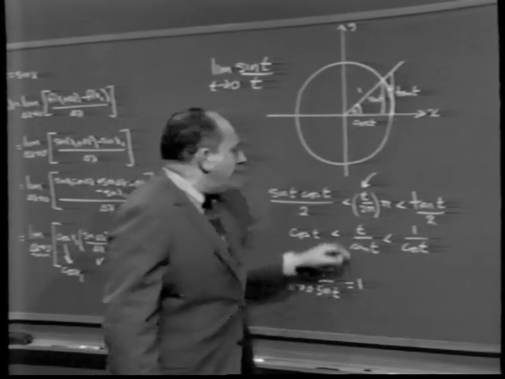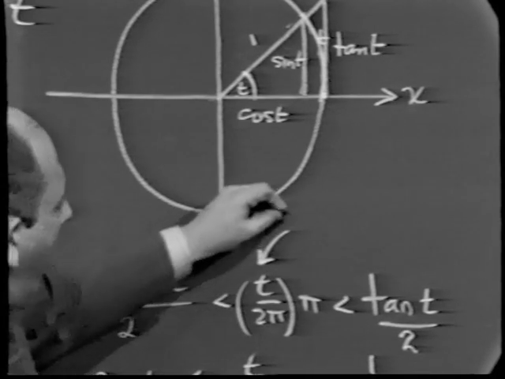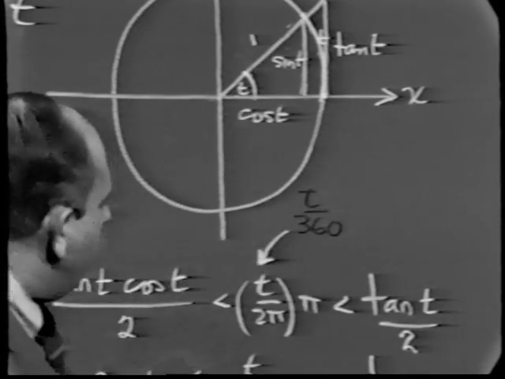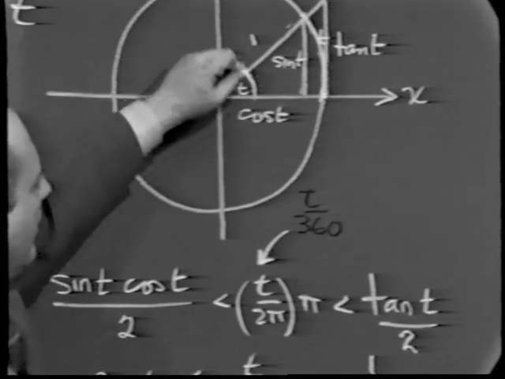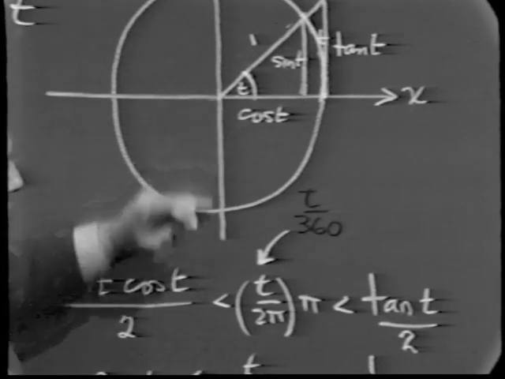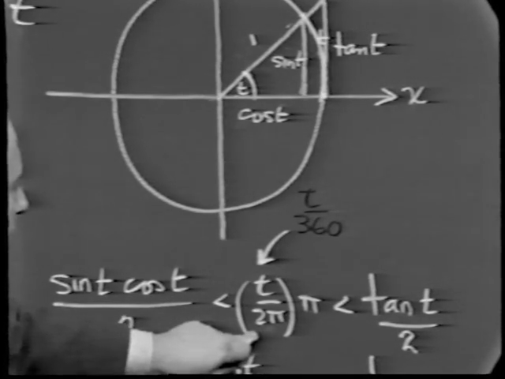Let me point out that if we insisted on working with degrees, instead of t over 2 pi, we would have had t over 360, because if we're dealing with degrees, the entire angular measure of the circle is 360 degrees. But here we've used the fact that we're dealing with radians, okay?